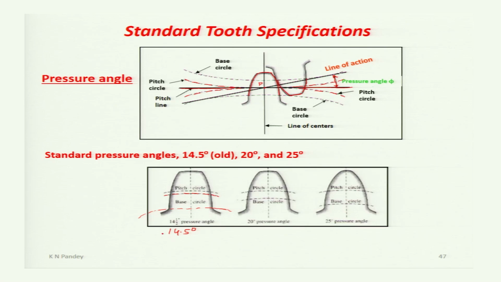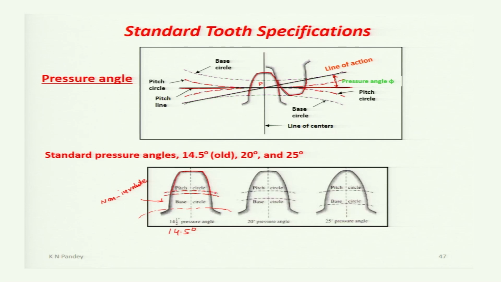Now, we know that above the base circle the profile of the gear tooth will be involute, and below the base circle, this part of the gear tooth is non-involute. And the pitch circle is somewhere here. This is the pitch circle.